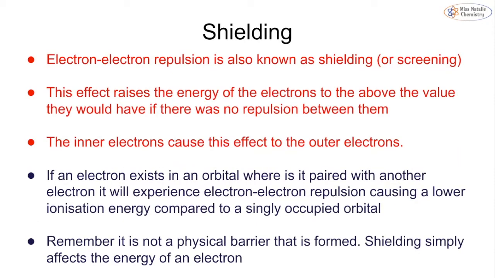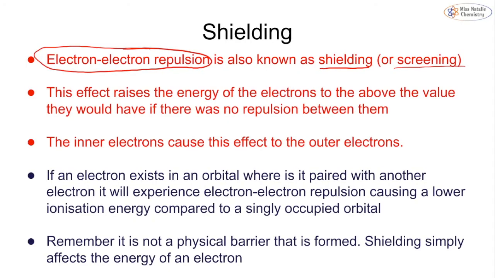Now, electron-electron repulsion is sometimes known as shielding or screening, but this is the term that we prefer at A level. We want to call it electron-electron repulsion. The reason for that is when we say something like shielding, that implies that there's a physical barrier actually shielding something. And that's not the case here.